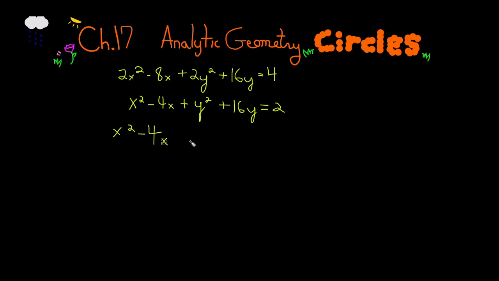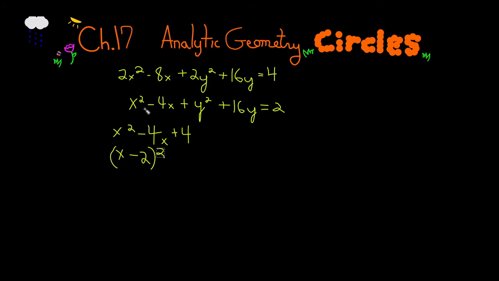What would you add so that this would be a 3-term expression which you could defoil? Give yourself a minute to understand how I found the 4, and I realize that that expression is the same as x minus 2 squared.